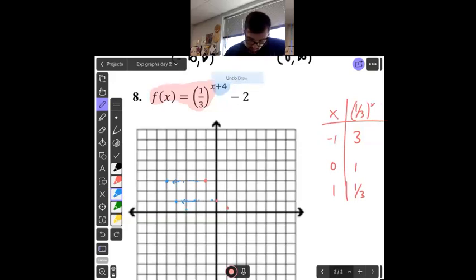Just make sure it's still above the x-axis when you're done with it. Okay, so we've moved each of those 3 points just left 4. You good there, Jolie? You good there, Jacob? Anybody?